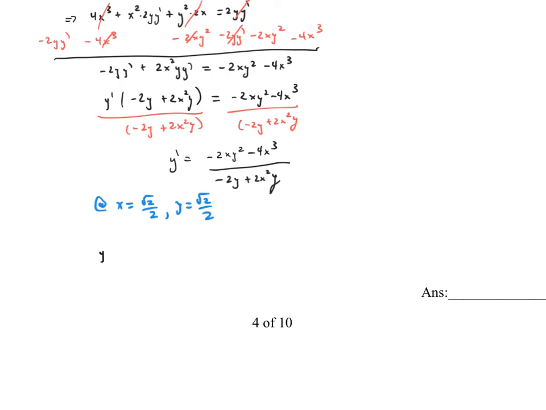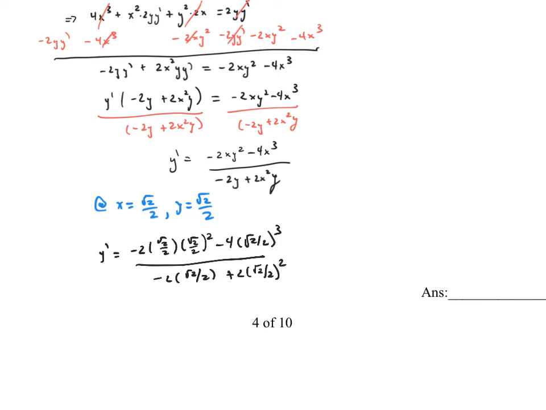We would have y prime equals negative 2 times root 2 over 2 times root 2 over 2 squared minus 4 times root 2 over 2 cubed all over negative 2 times root 2 over 2 plus 2 times root 2 over 2 squared times root 2 over 2. That is an absolute mess, but that's okay. I want you to go ahead and plug that into your calculator and tell me what you're getting. I'll give you a moment now.